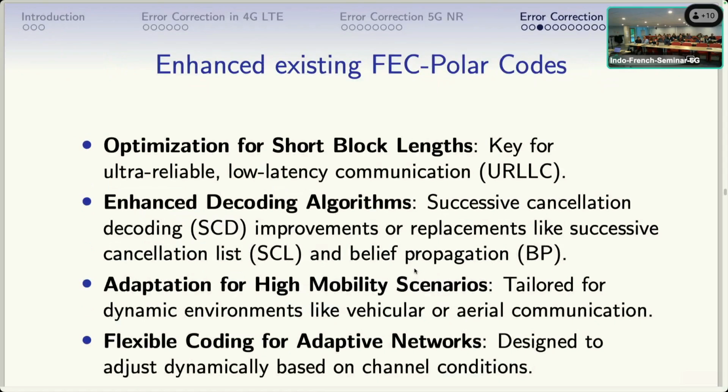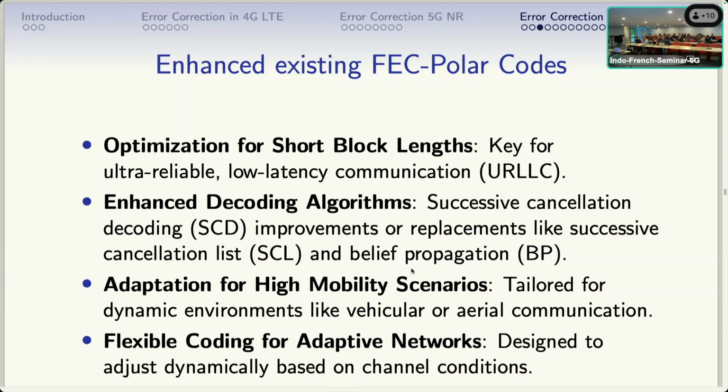And also they try to understand how these kinds of codes can be adapted to different mobility scenarios. So these are the features that have been identified to modify the implementation strategy of polar codes to achieve the envisaged requirements.